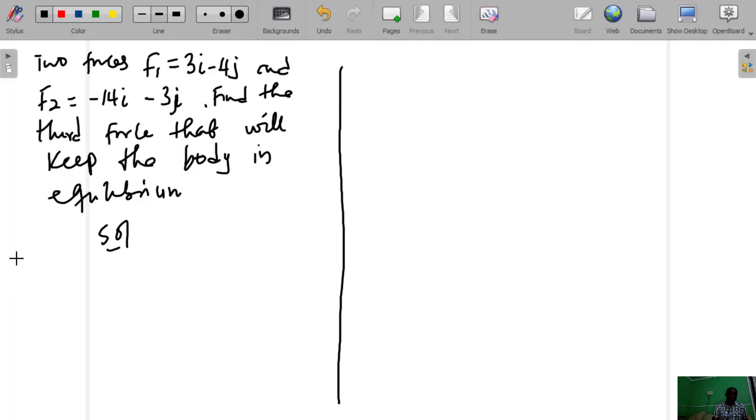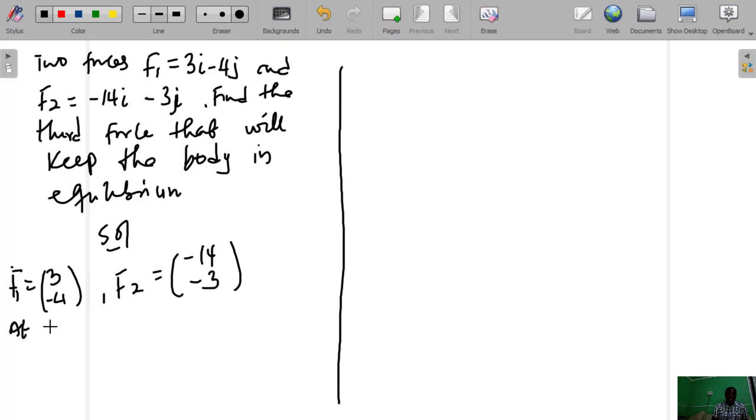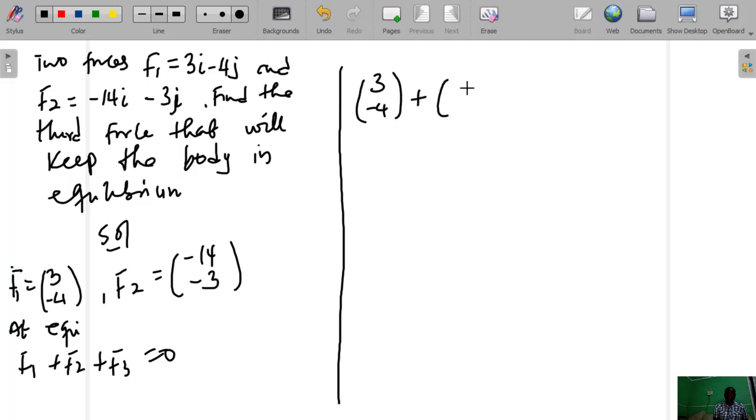Okay, so we have the solution. F1 will be equal to 3, minus 4. F2 will be equal to minus 14, minus 3. Good. So for equilibrium, F1 plus F2 plus F3 should give us 0. Therefore, our F1 is 3, minus 4, plus negative 14, minus 3, plus F3 should give us 0, 0.